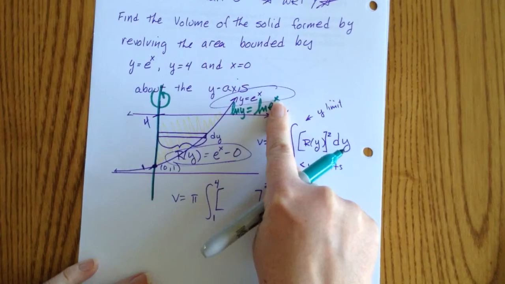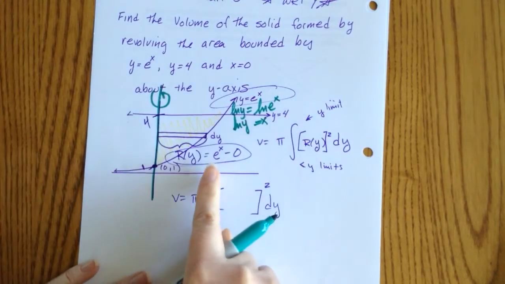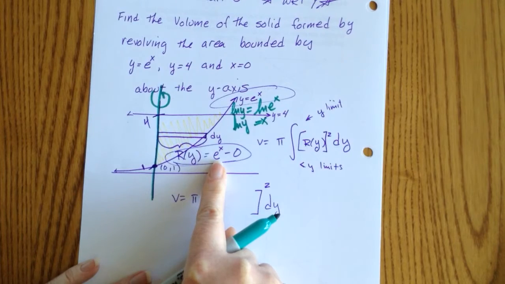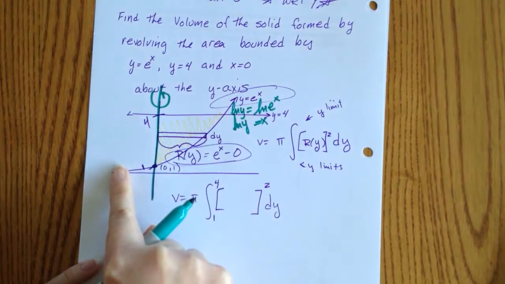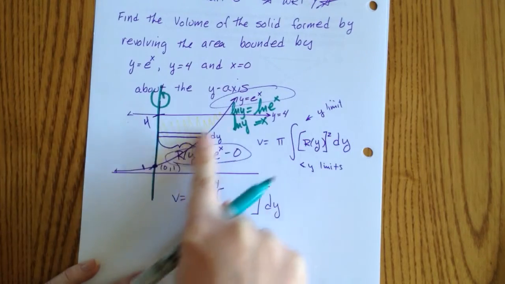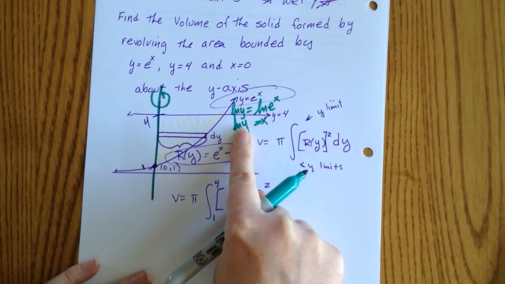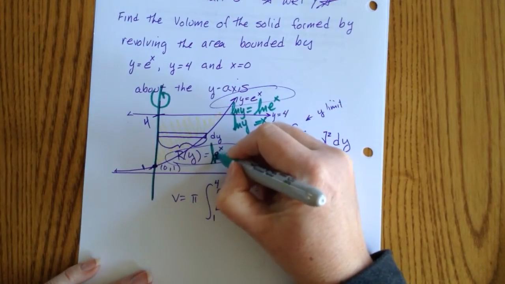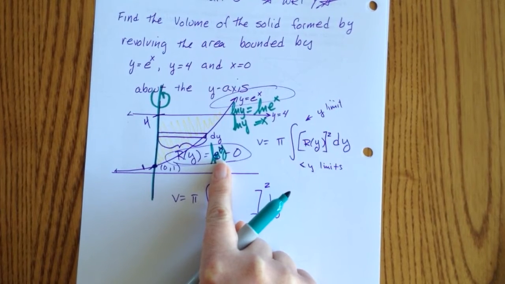Natural log of e to the x is x. So instead of using e to the x here, we're going to use natural log of y. Another way to describe this curve instead of y equals e to the x is x equals natural log of y. That, ladies and gentlemen, is our radius.